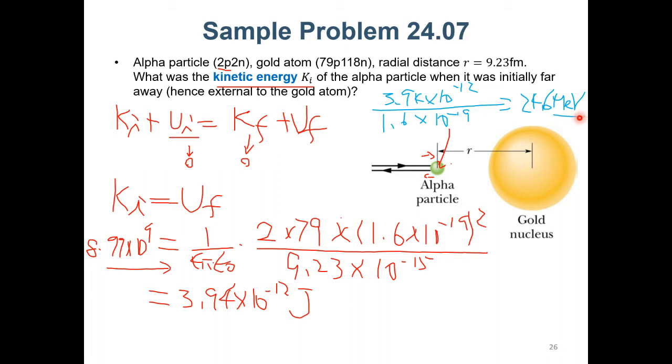It is somehow like you use a 1 volt potential to accelerate an electron. Then it will have this kind of energy stored in the electron. So the unit already tells you that it is related to the electron and the volt.